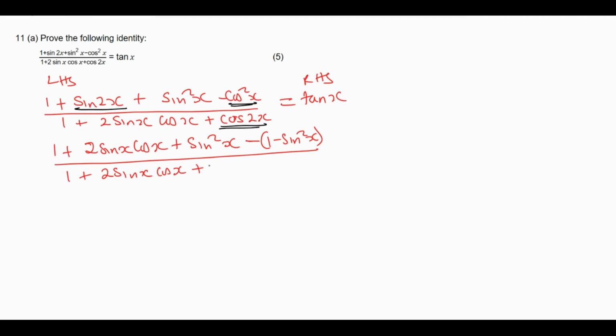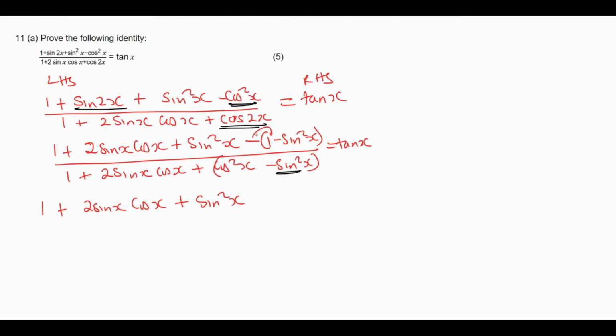It is one of the identities, so it's cos squared x minus sine squared x. We're going to change this and replace it with 1 minus cos squared x, is equal to tan x. The right-hand side. So it becomes 1 plus 2 sine x cos x plus sine squared x.